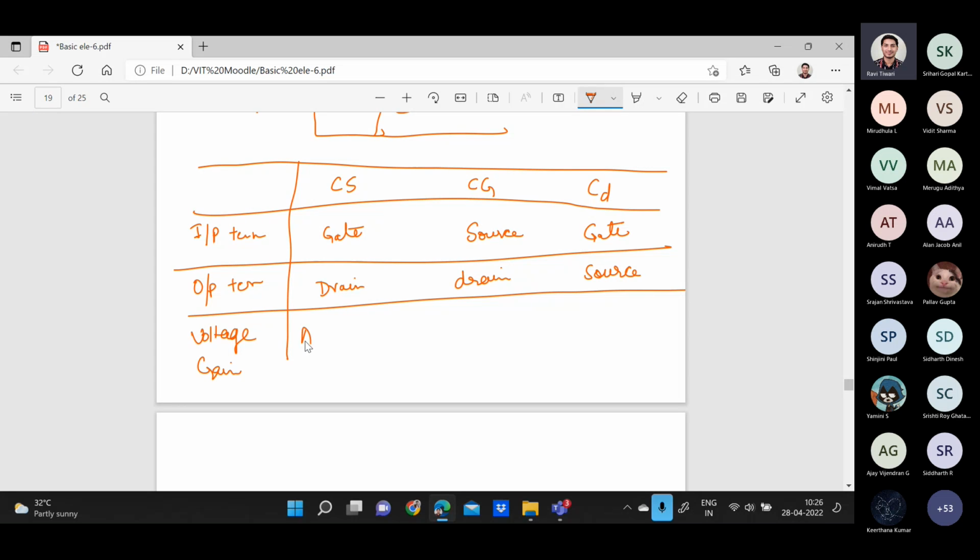The voltage gain will be AV equals minus GM RD, that is the drain resistance. Similarly, AV will be equals to GM RD. And in this case, the voltage gain is RS divided by 1 by GM plus RS.